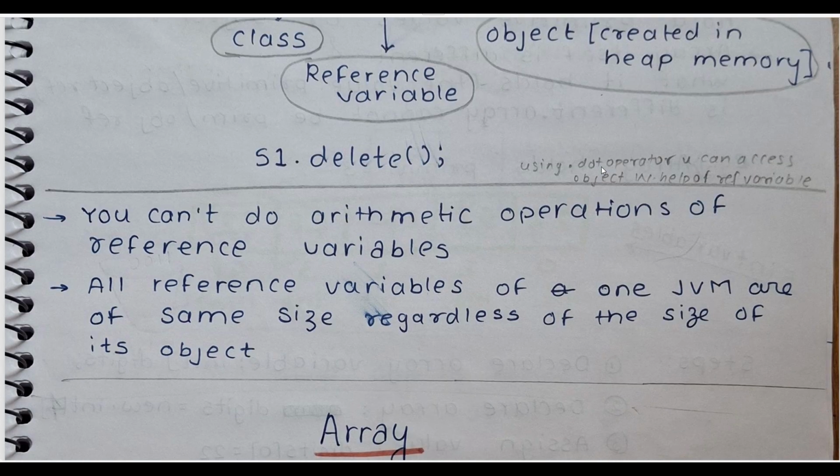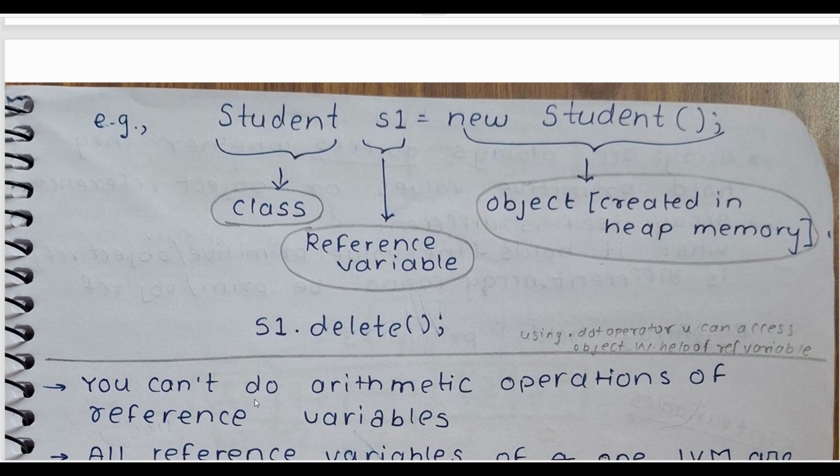Using a dot operator, we can access object methods like s1.delete. So s1 is our reference variable of the object Student, and delete is the method. You will apply your methods to your object via this dot operator.